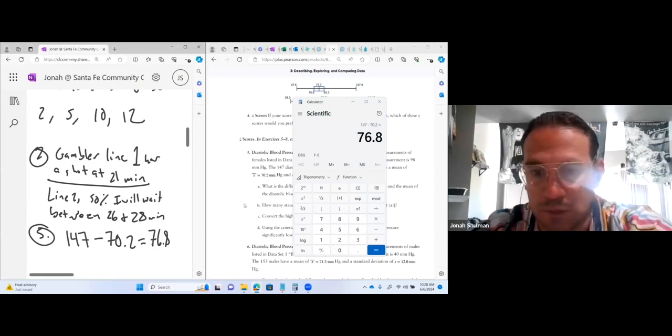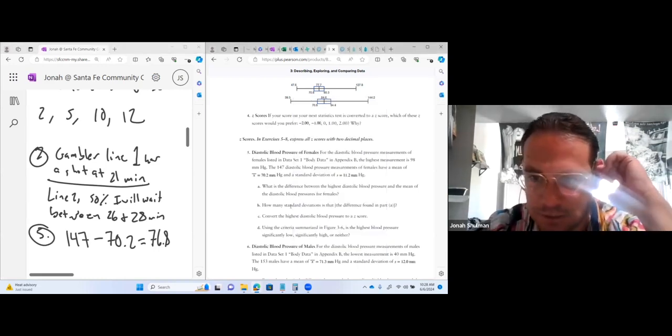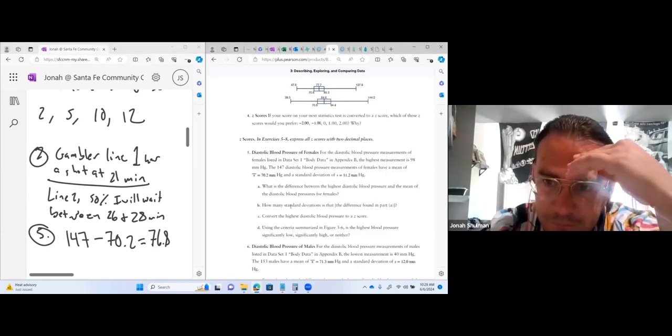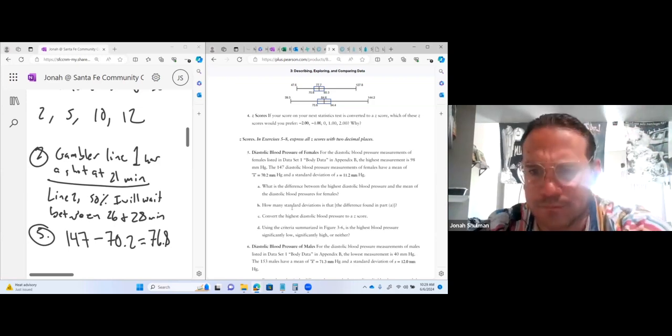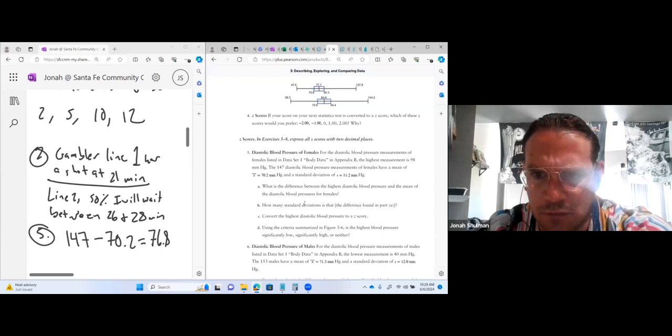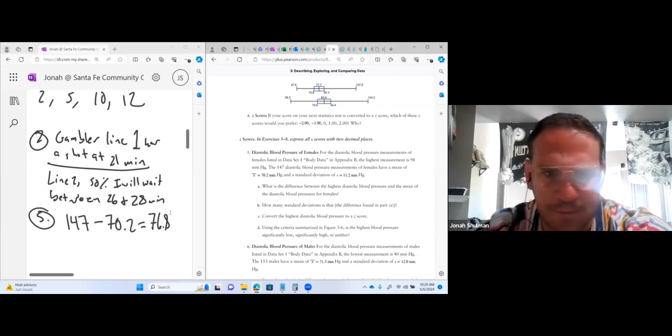Cool. Let's do B. How many standard deviations is that? So how many standard deviations is the difference found in part A? How far away is this? The standard deviation is 11.2, right?